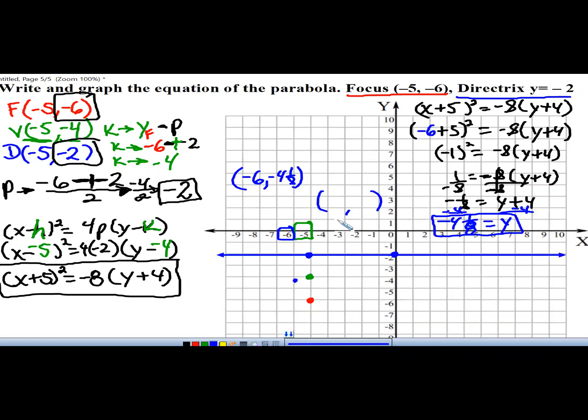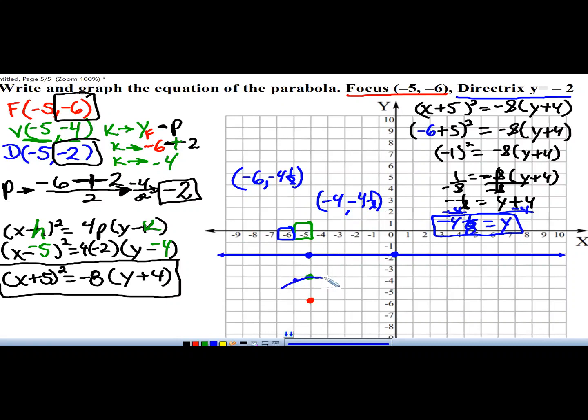Elizabeth, what's our coordinate for the other side if we're reflecting that? Mr. Q, can I say it? Okay, go. -4 and -4 and 1/8. That is correct. -4, -4 and 1/8.